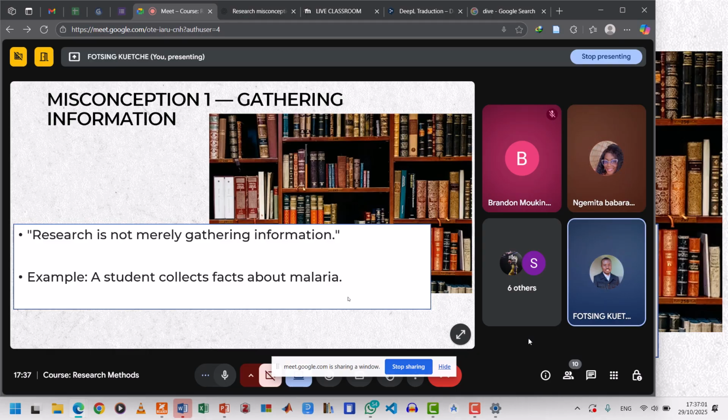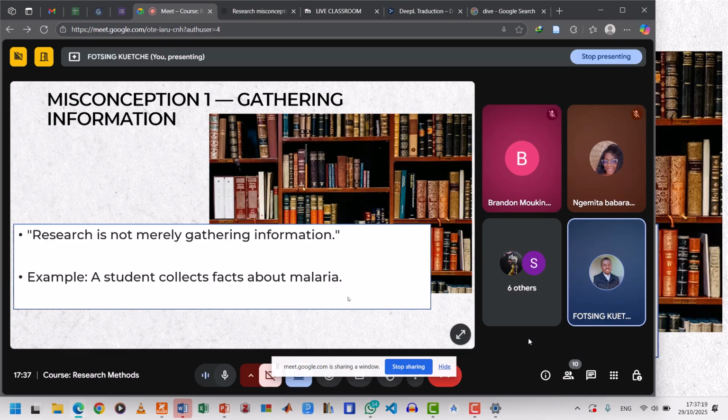Yes, that's one of the facts. What can we have again?